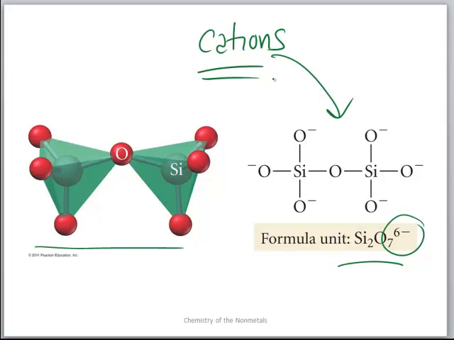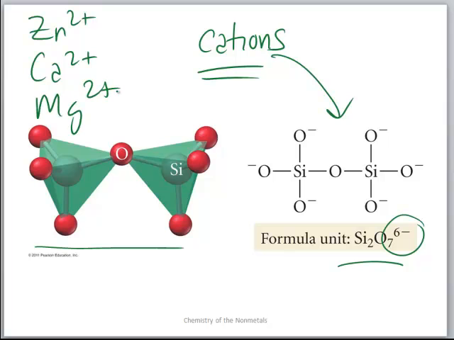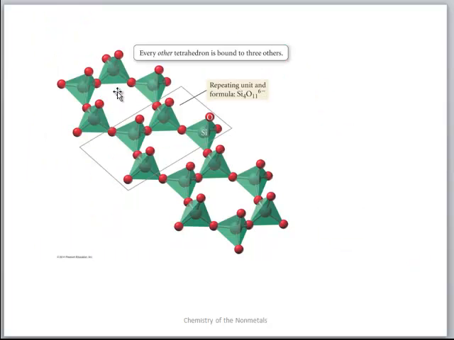The various cations and their ratios form different silicates, different quartzes, different compounds. You often see zinc compounds, calcium compounds, magnesium compounds in various proportions with these silicate formula units.